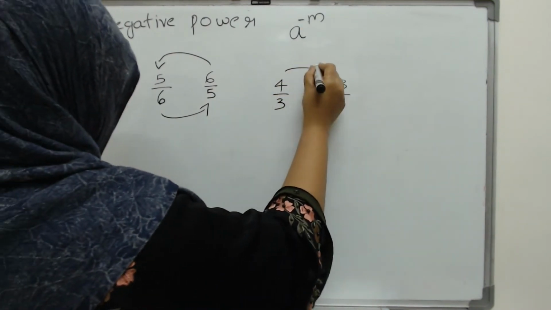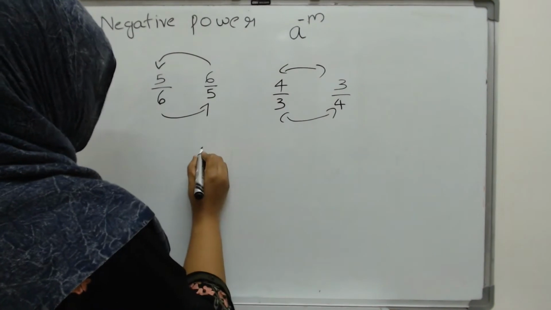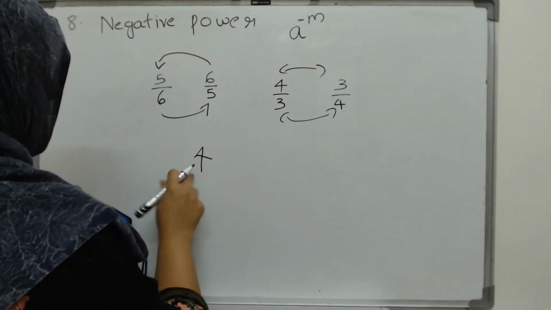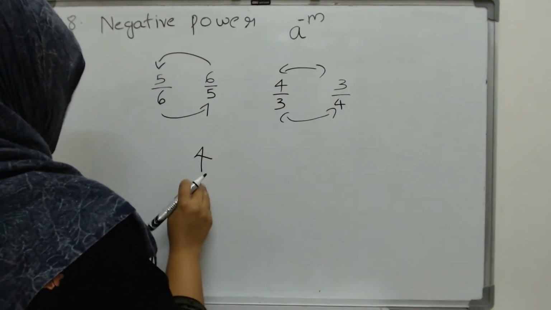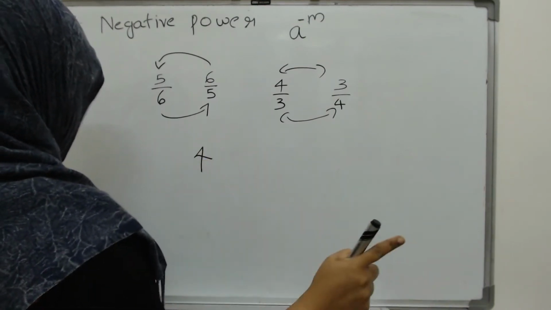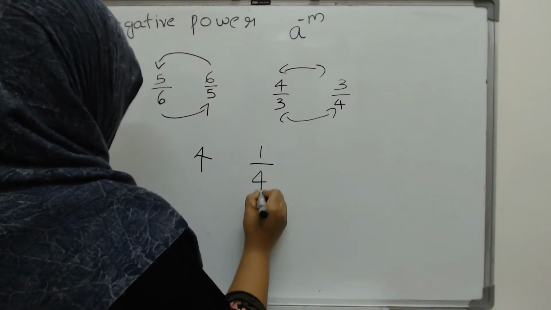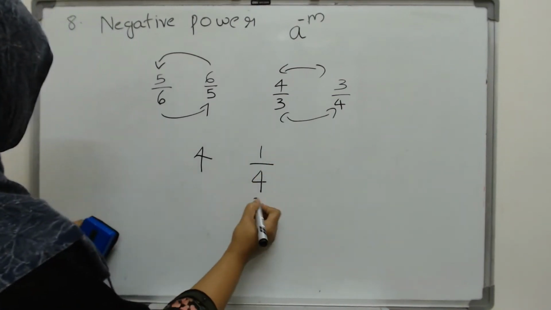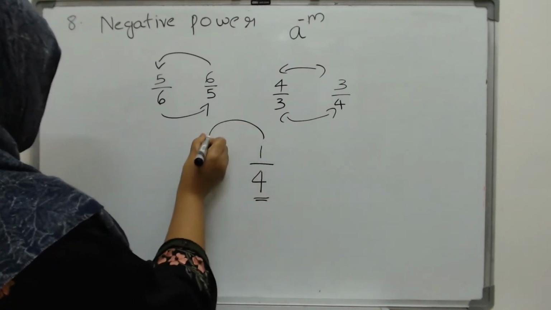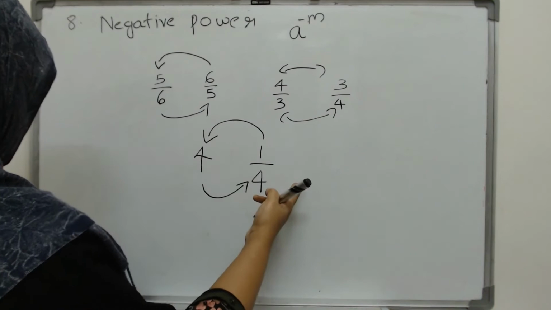So these are reciprocals of each other. What about 4? This does not have any denominator, which means its denominator is 1. So the reciprocal of 4 is 1 by 4. Similarly, the reciprocal of 1 by 4 is 4.